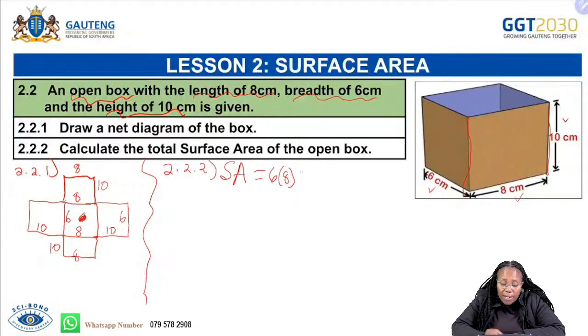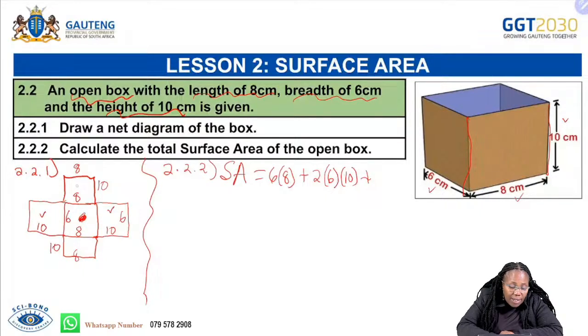That is for the base, plus this area, left and right, are exactly the same. It's 10 by 6. That means you can say 2 of 6 by 10 for left and right. For front and back, again, you are having the same 8 by 10 and 8 by 10.